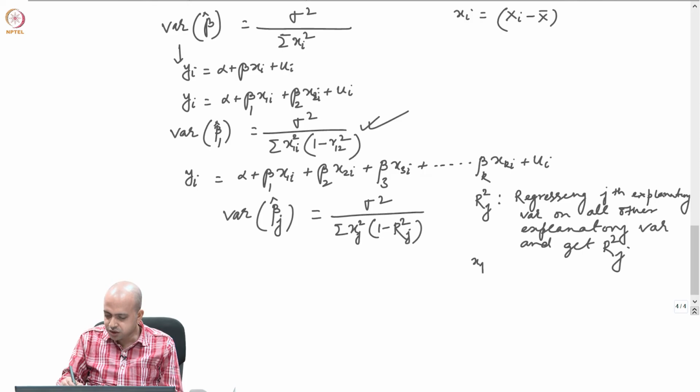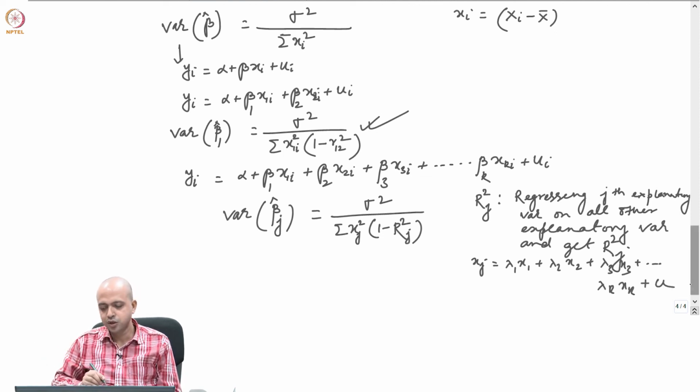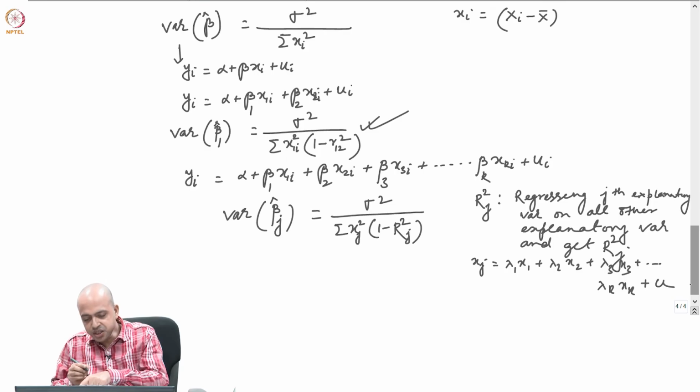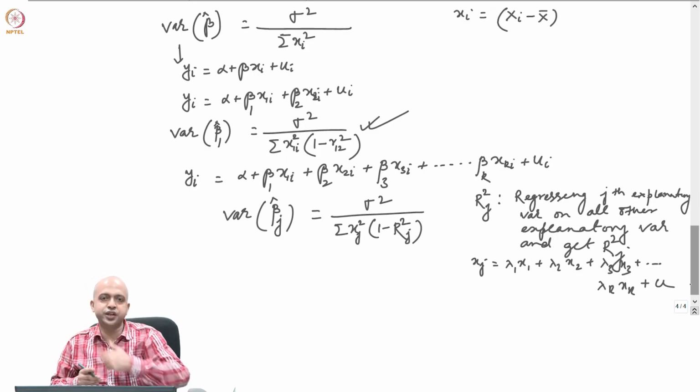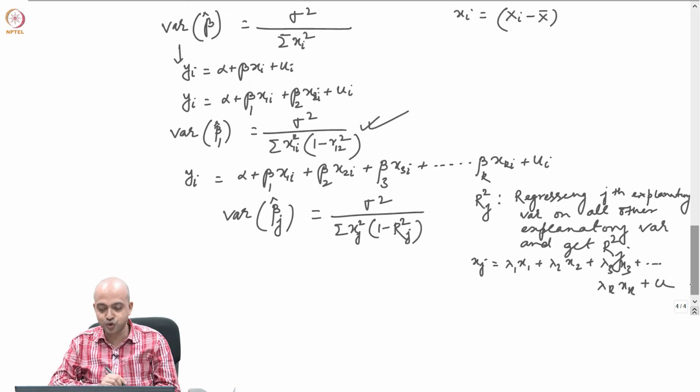So, this is your xj equals some lambda 1 x1 plus lambda 2 x2 plus lambda 3 x3 plus dot dot dot lambda k xk plus some u. So, I am regressing the jth explanatory variable on all other explanatory variables and collecting the R square, and that R square is basically this R square. That is how you can change the variance formula.